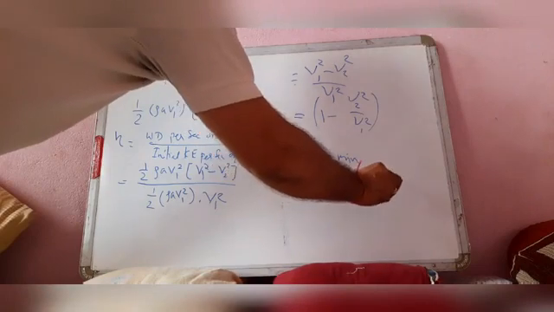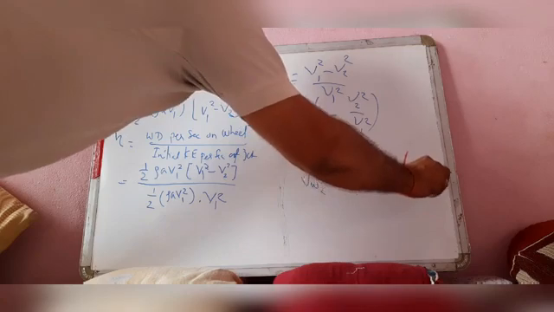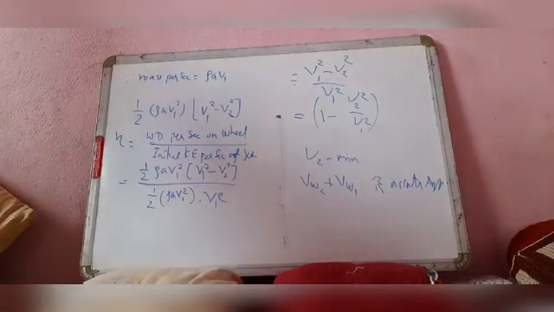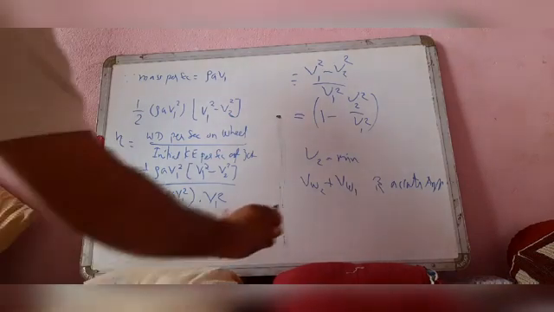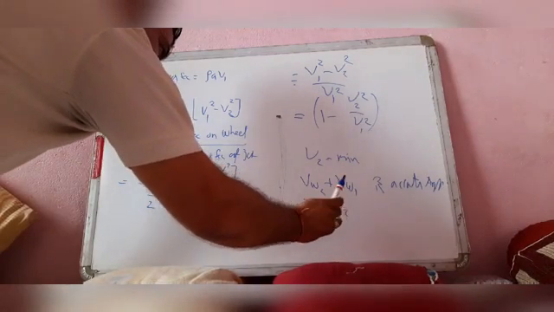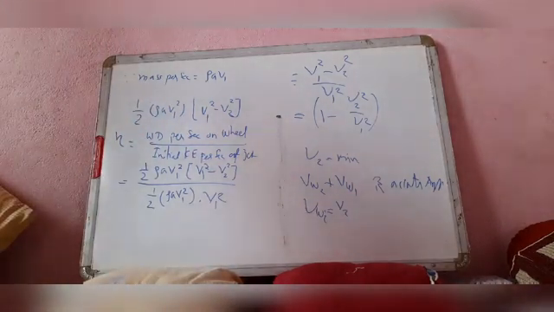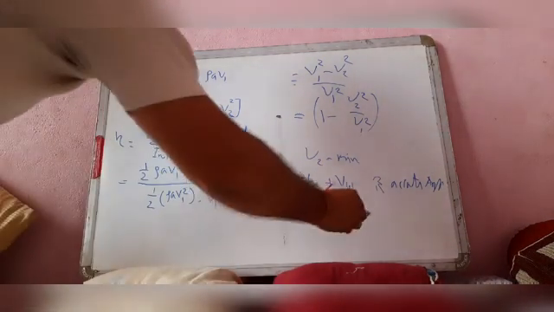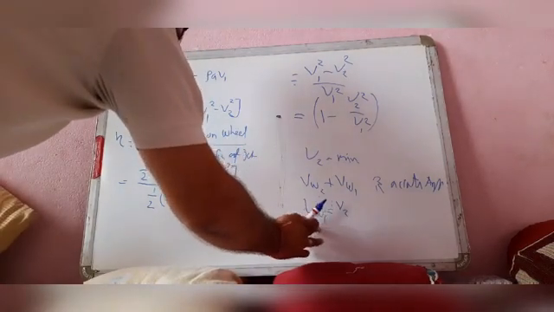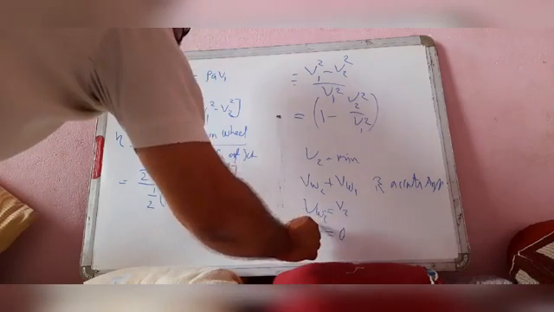When beta is an acute angle, in that case VW2 equals V2 and angle phi will be 0.